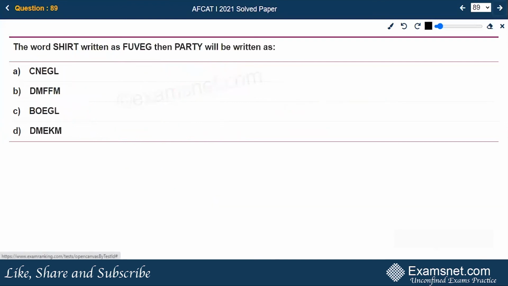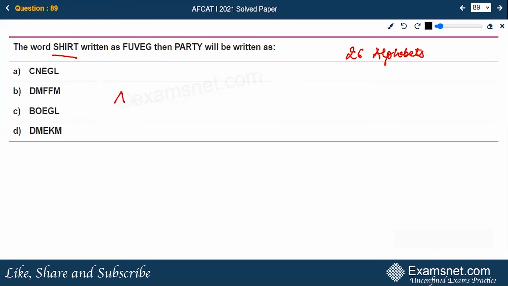Next, question number 89. The word shirt is written as FUVEG, then party will be written as? For this question, you have to analyze the alphabets. Let's write down. We have 26 alphabets. Let's write them down in two rows.